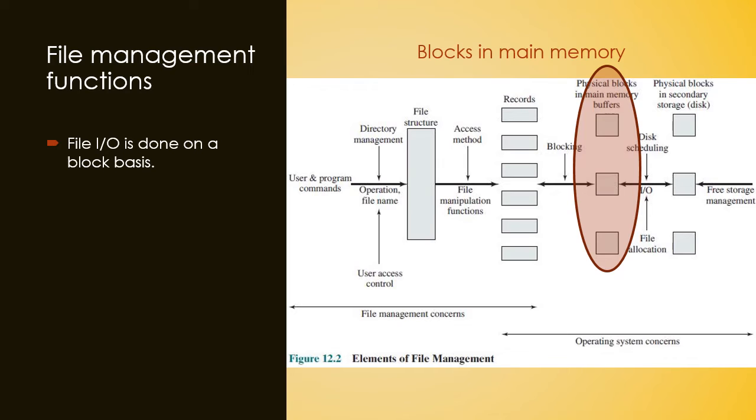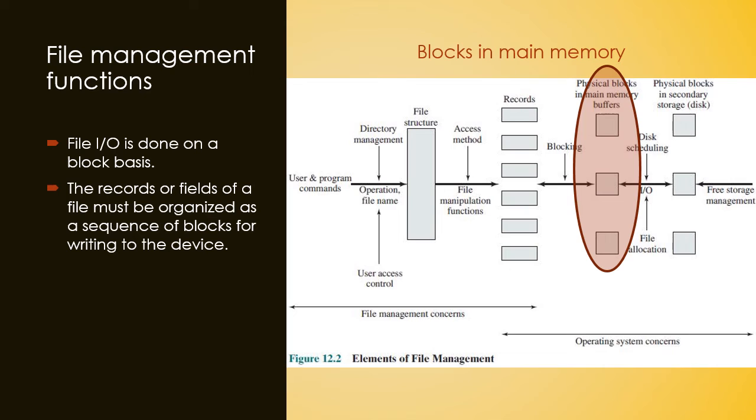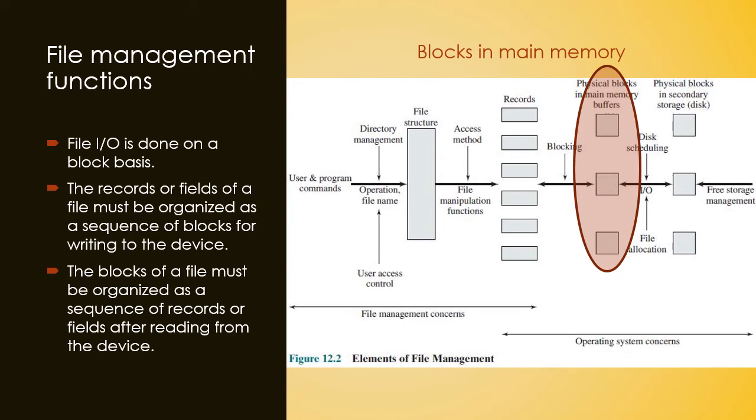File I/O is done on a block basis. The records or fields of a file must be organized as a sequence of blocks for writing to the device. The blocks of a file must be organized as a sequence of records or fields after reading from the device.